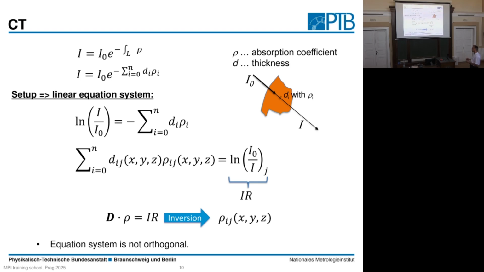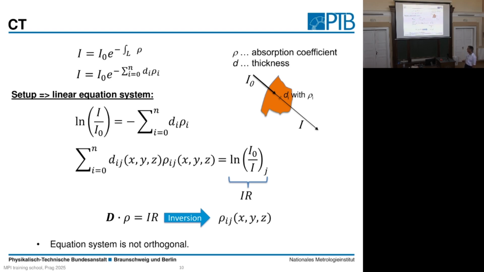So I have this equation system, but to solve this, I have to invert it. By the inversion, I finally get the function rho for every point in my space range.